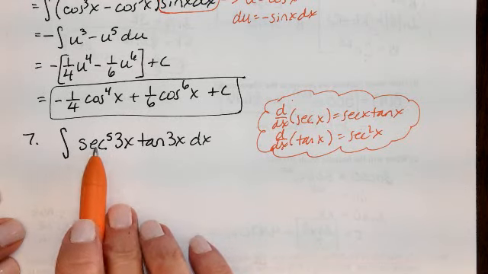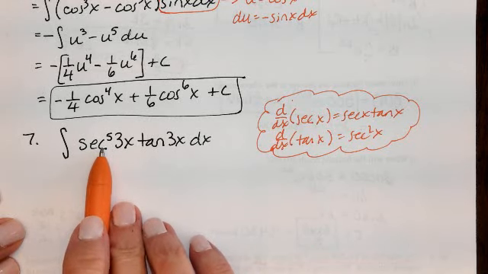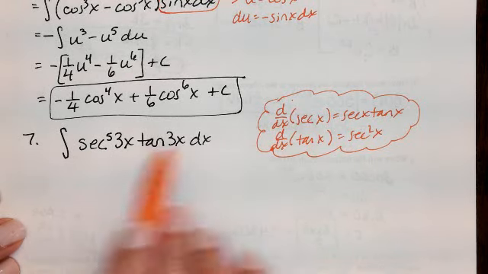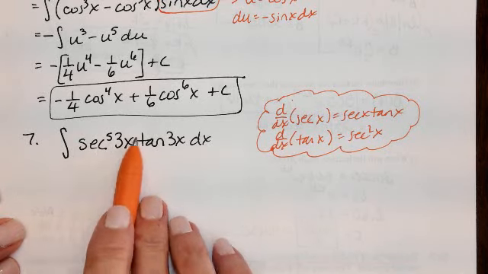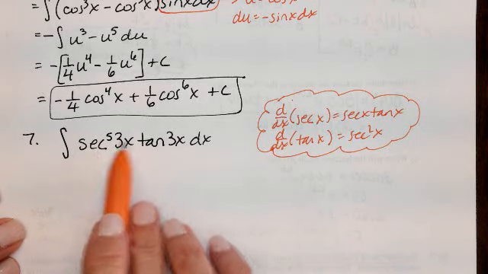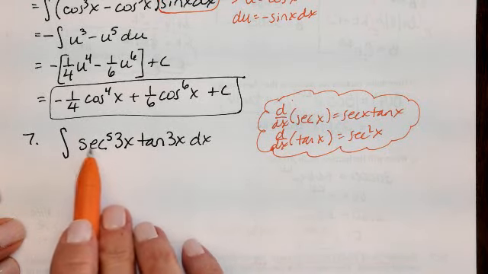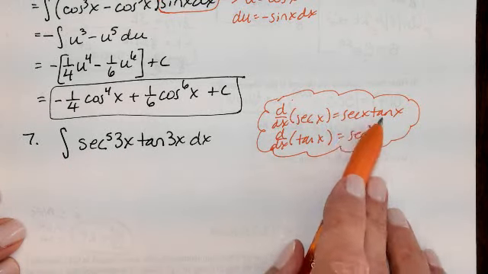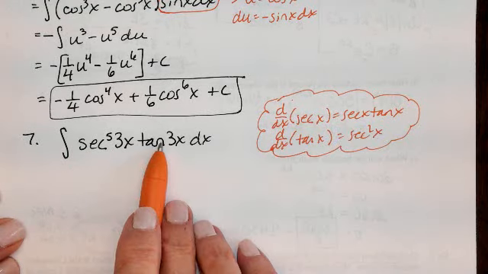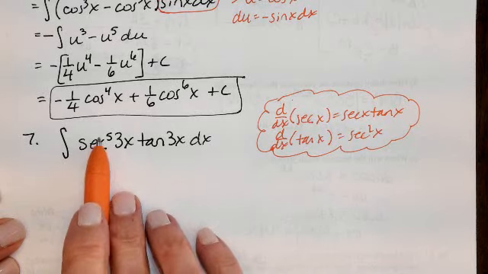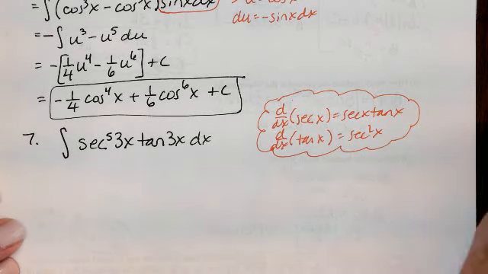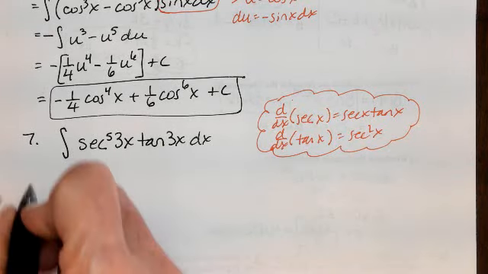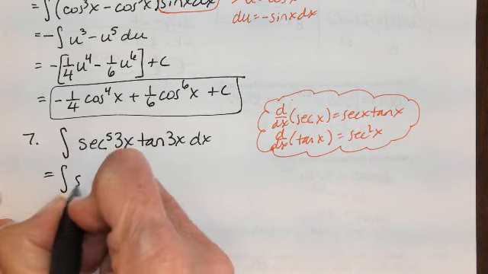But I might be able to break this down to where I have just a secant squared left, maybe? Or, if I let u be secant, then du would be secant tangent. Do I have a secant tangent that I can use here? I do, don't I? That's the thought process.